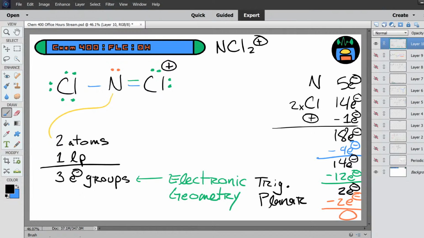But as we know, when you have a lone pair, things change, all right? So for the electronic geometry, every trigonal planar arrangement is the same. We've got bond angles of 120, spread everything out. Everything's in the same plane.